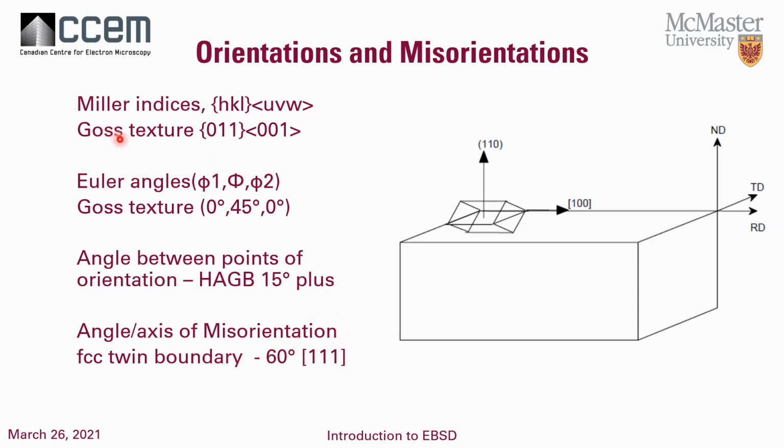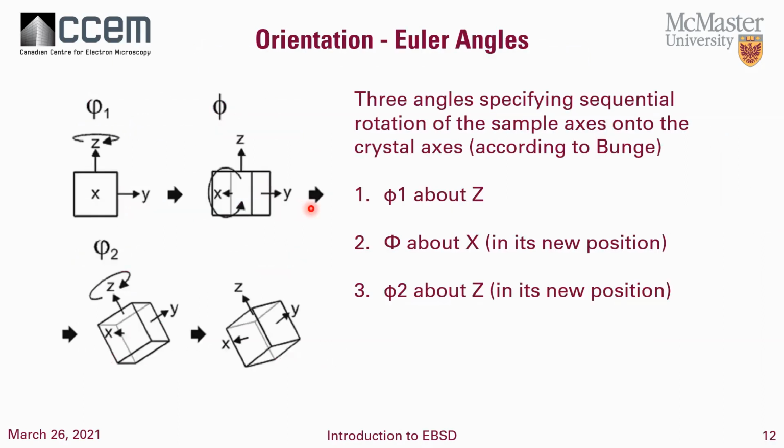So if you're looking at the Goss texture or brass, there is also an equivalent Euler angle set up for that. Euler angles are ways of defining orientation.